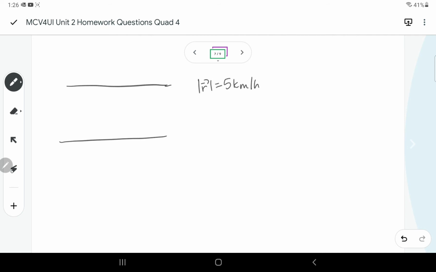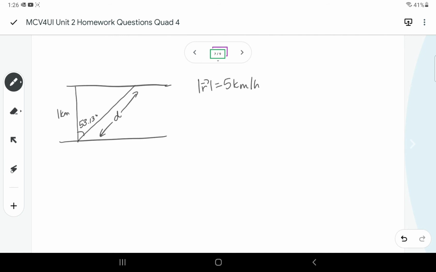And what's the actual distance that she's swimming? So we know that this is 1 kilometer. And this will be the distance that she actually swims. And we know that this is 53.13 degrees.